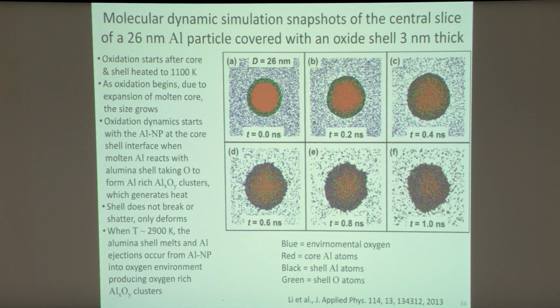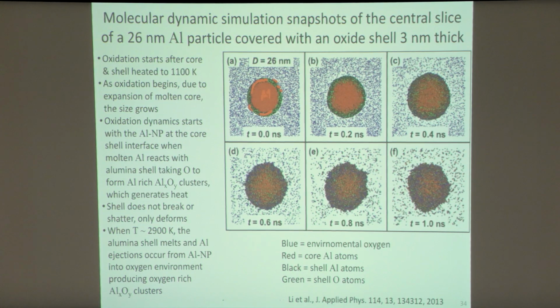Now, there's also been some interesting molecular dynamics calculations done. And this is particularly valuable, if I'm dealing with very small particles because I can do that computationally then. And in these calculations, there's been different codes developed to basically, instead of just doing an MD calculation, to put in a reactive force field so that I can account for some of the chemistry. And what these calculations have shown is that if I look at a nanoparticle, as shown in the upper left here, again, I have my aluminum and then an oxide layer around it. As the particle heats up, what initiates the reaction?